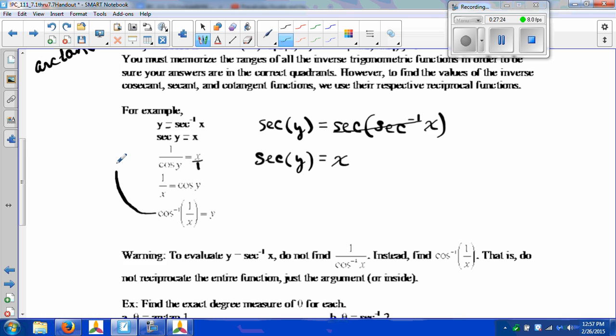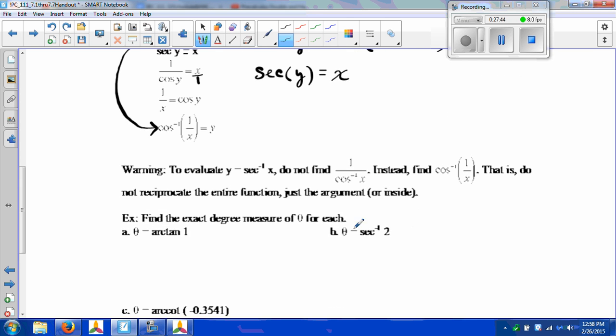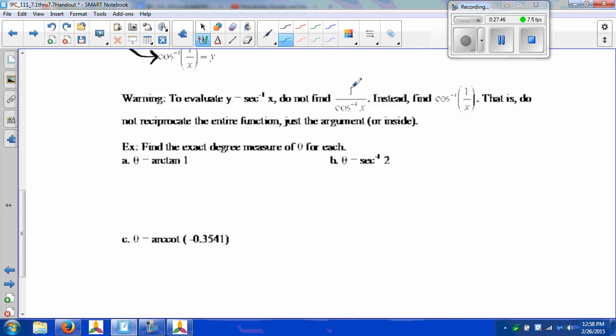So notice, with arc functions, you don't flip the whole thing. The secant inverse of x is not 1 over the cosine inverse. Instead, it's just the cosine inverse of 1 over x. So you flip the inside, not the whole thing. Or the argument. You flip the argument, not the answer.